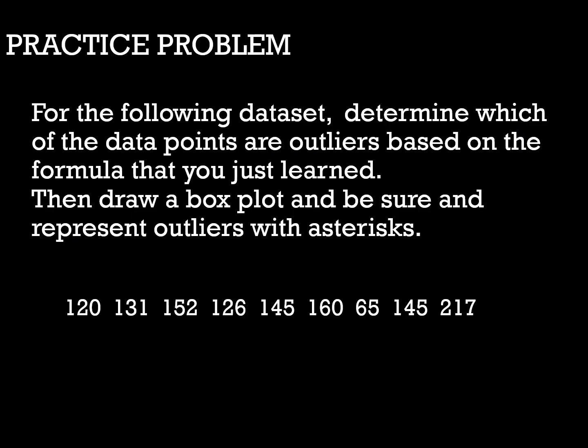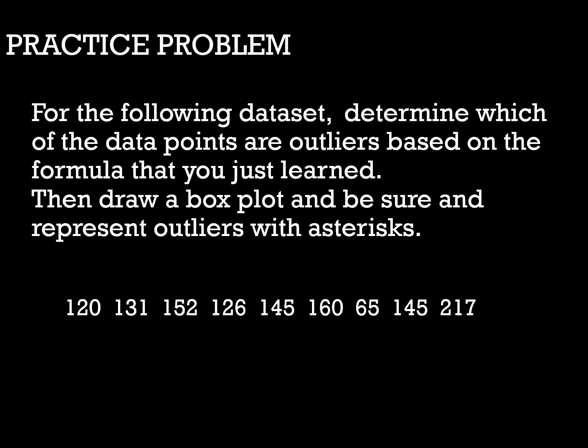Okay, here is a practice problem. What I'd like you to do is, for this data set, determine which of the data points are outliers based on the formula that you just learned. So you're going to have to find Q1, Q2, Q3, find 1.5 interquartile range, and use those formulas to determine if there are any outliers. Once you determine that, I want you to draw a box plot and be sure to represent the outliers with asterisks.